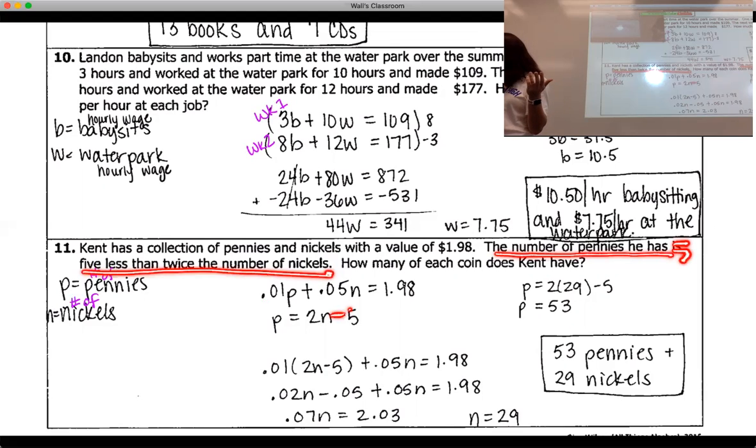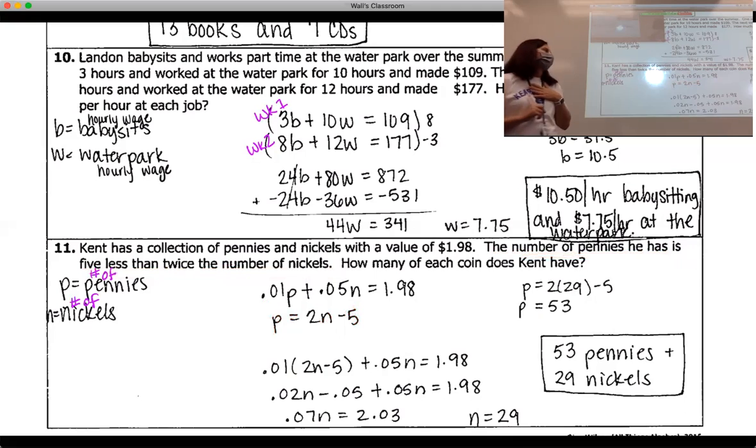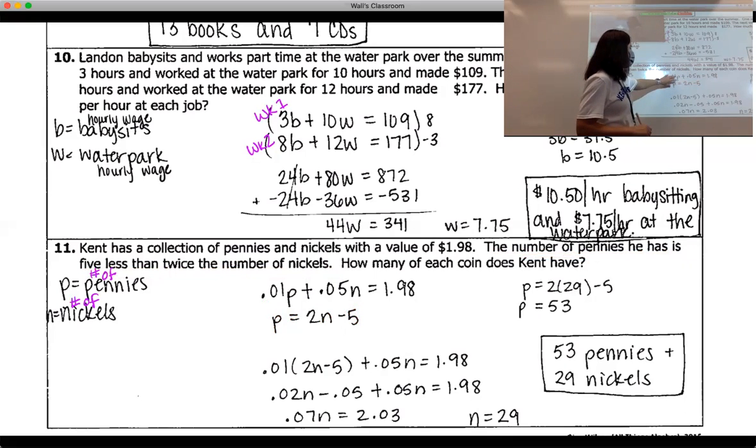So P equals 2n minus 5. That's our second equation, which doesn't line up right now with what we have, but we can make it line up if we rearrange it.